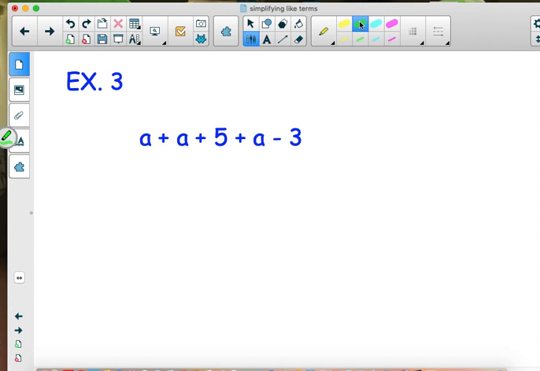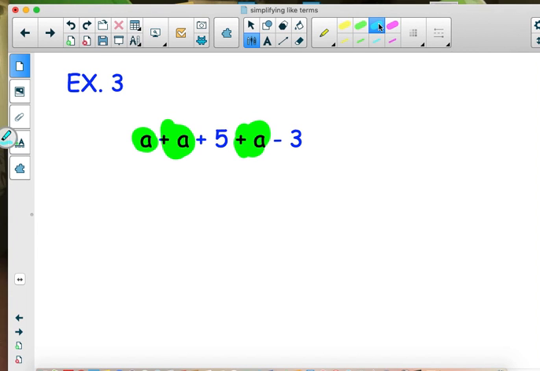Ian, what are your like terms? All 3 A's. But wait, there's more. What else are like terms? Since there's 3 A's, it'll be 3A.